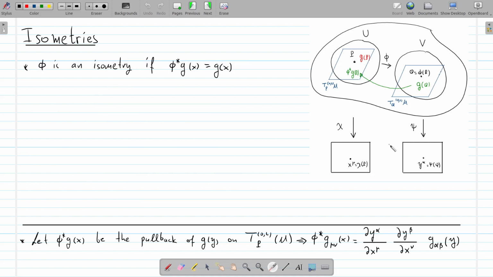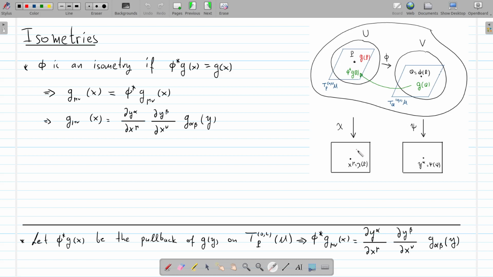We say that this diffeomorphism is an isometry if the pullback metric at the point x is the same as the metric that we have chosen at the same point. That means, of course, that the components of the pullback metric and the components of the metric are equal one by one.